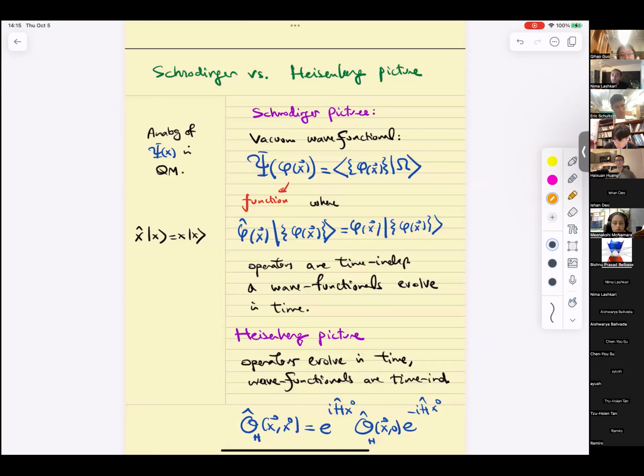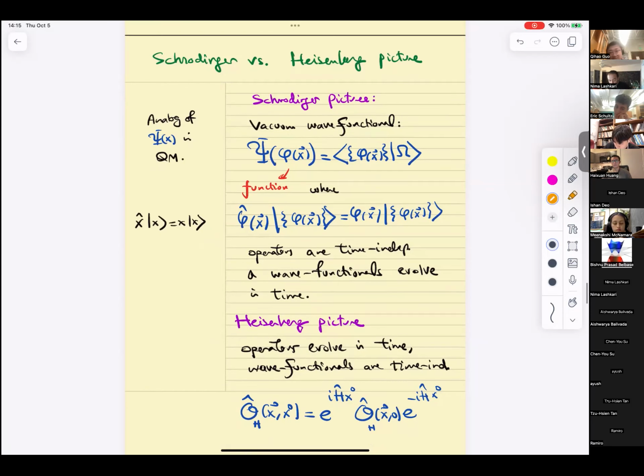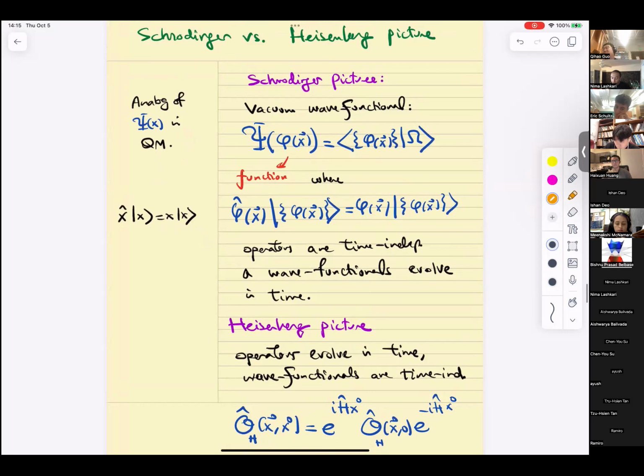It's a little bit annoying because you have to make sure you carry around these expressions that, from the three-dimensional point of view, from the canonical quantization point of view, look arbitrary, but they are actually Lorentz invariant or Lorentz covariant. Okay, but let's just say a few things about wave functionals.